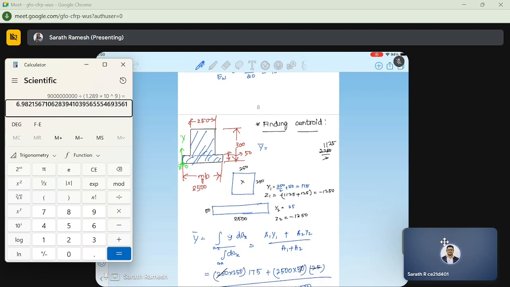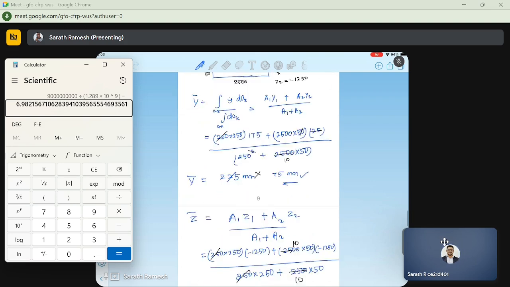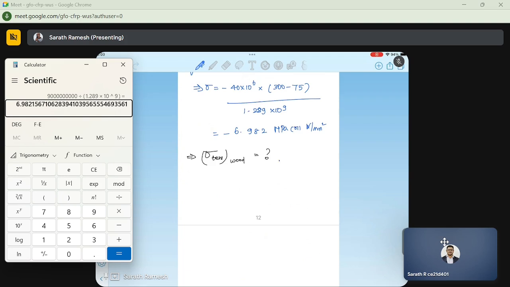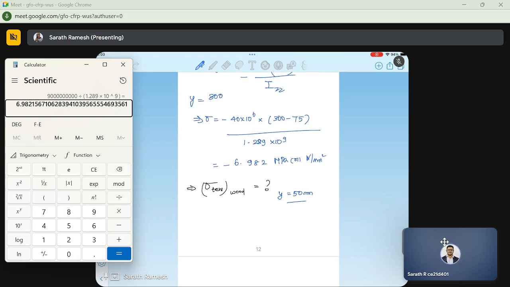So it will be 50, right? So y will be equal to 50 mm. Let's substitute: sigma will be minus 40 into 10 to the power 6 into y minus y naught, 50 minus 75, divided by 1.289 into 10 to the power 9.